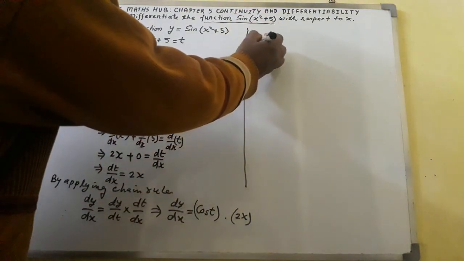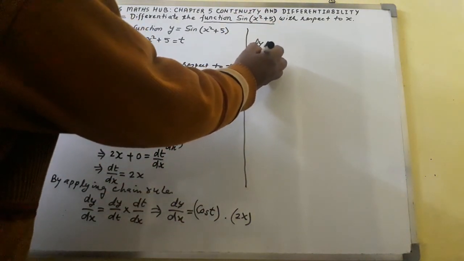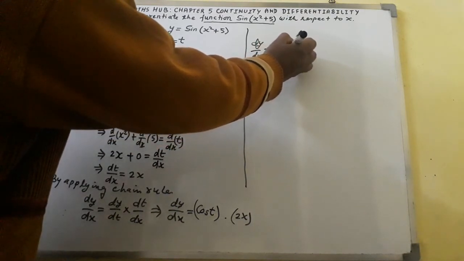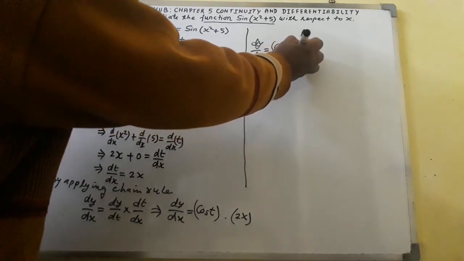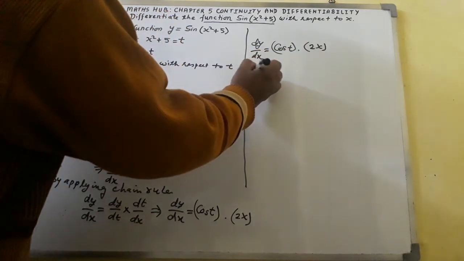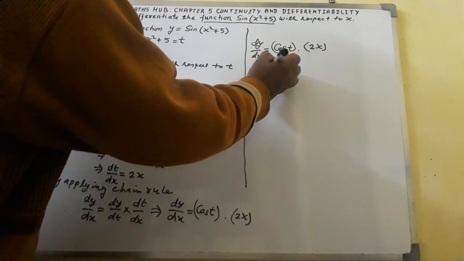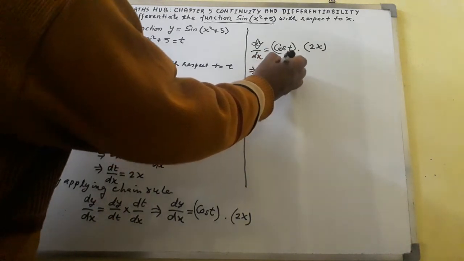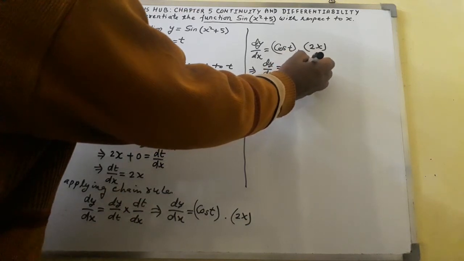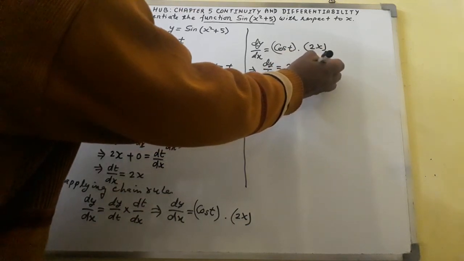So finally you have got dy over dx comes out to cos t dot 2x. dy over dx is equal to 2x cos t.